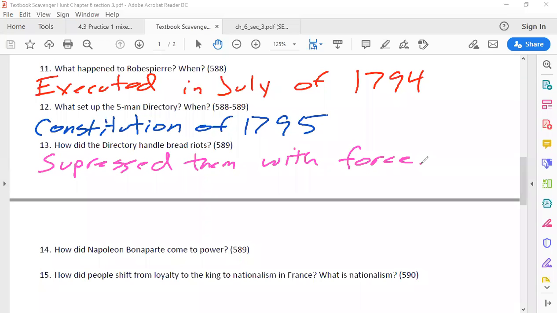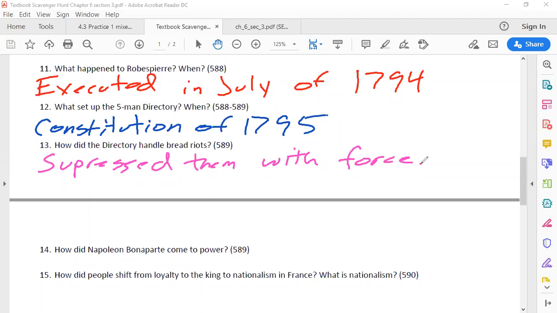Okay. So at this point, we see Napoleon Bonaparte come to power. How? As chaos threatened, politicians turned to Napoleon Bonaparte, a popular military hero who had won a series of brilliant victories against the Austrians in Italy. He did a lot of other stuff too. The politicians planned to use Napoleon to advance their own goals.